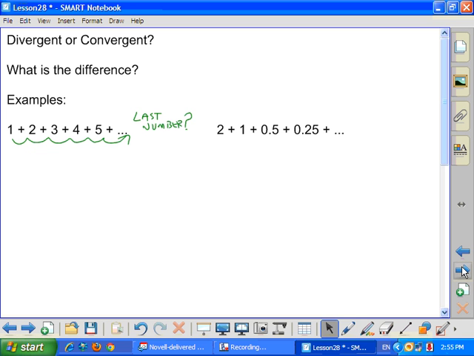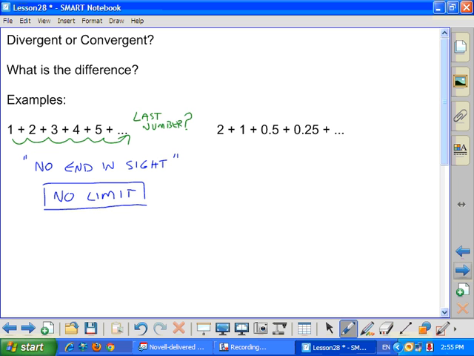And if you saw that there was no end in sight, so to speak, then there'd be no final value here, no limit. So this is an example of a divergent series. So if you can find that the base is greater than 1, we have a divergent series.